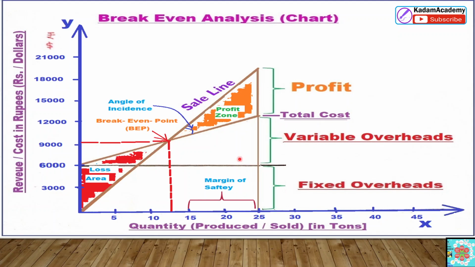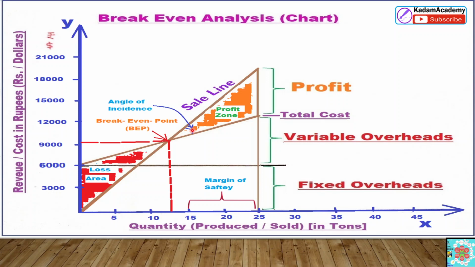Now this angle of incidence is also very important, friends. This angle of incidence is the angle between the total cost line and the sale line, and this angle is very helpful.